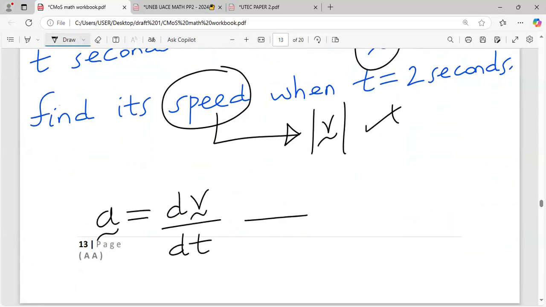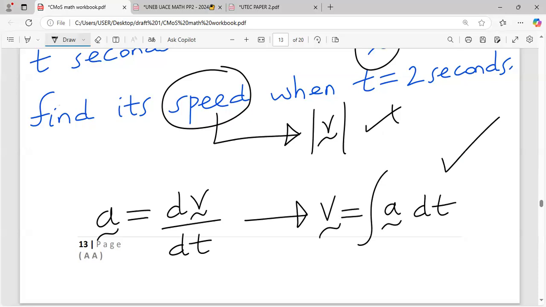By this time round, we need to get velocity from acceleration. So if acceleration is the derivative of velocity, that means velocity is the integral of acceleration, all of them with respect to time. So to get velocity, I'm going to integrate acceleration with respect to time.